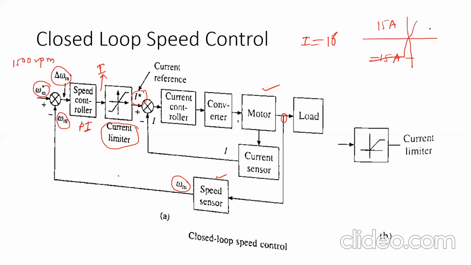Whenever the value goes beyond 15 ampere, the output never goes beyond 15 ampere. If the input given to the current limiter is 16 ampere, its output will be 15 ampere. If the input is 10 ampere, the output is 10 ampere. If the input is 9 ampere, the output is 9 ampere.